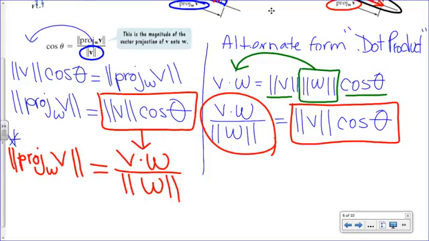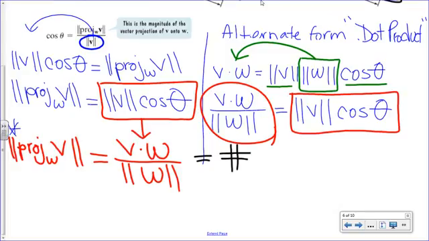Now, how can we find the vector? Remember, magnitude is going to equal a number. It's just a constant. But if we want the vector in terms of i and j, we have to do something else to it.